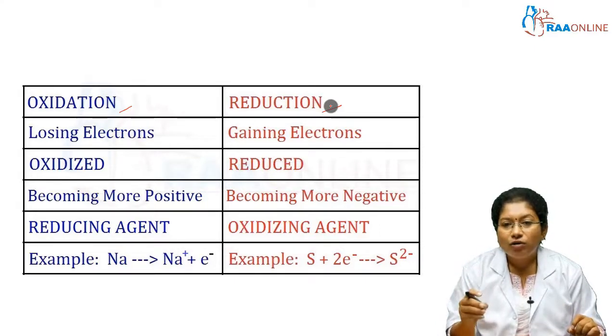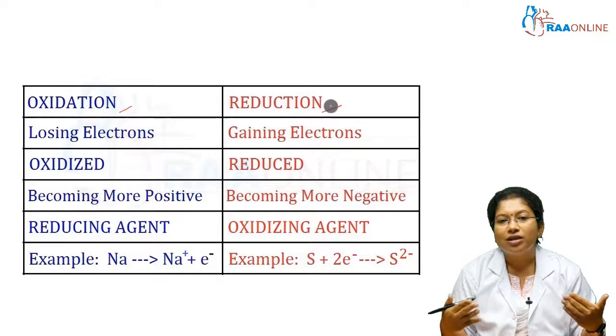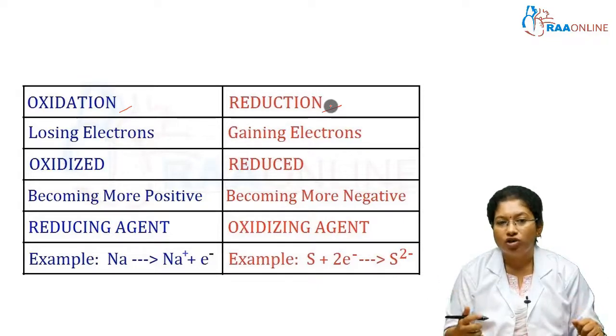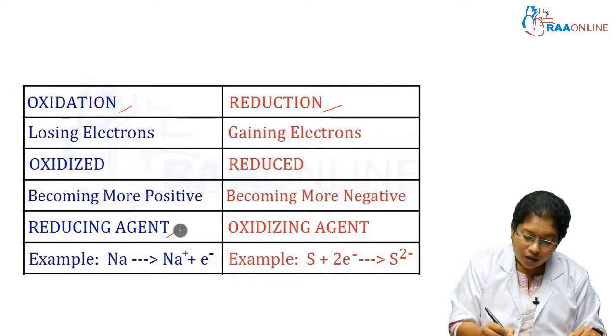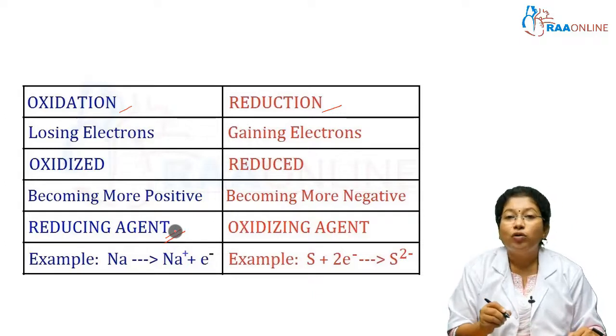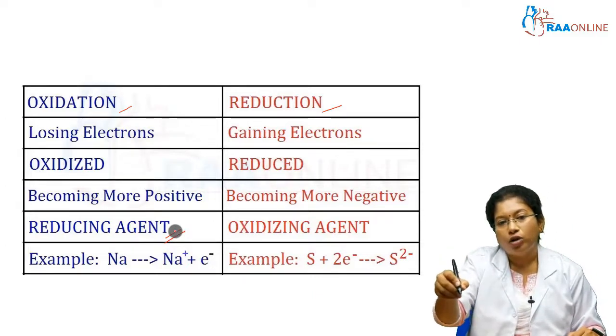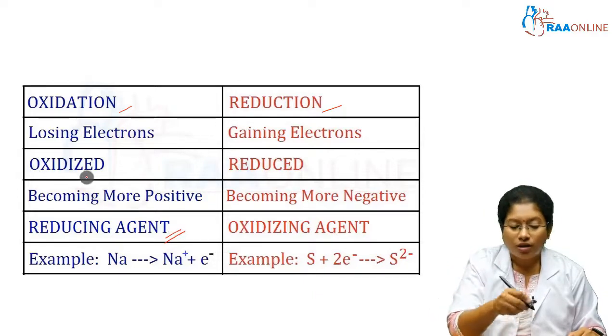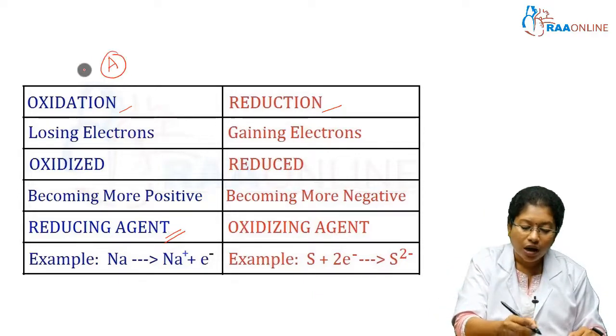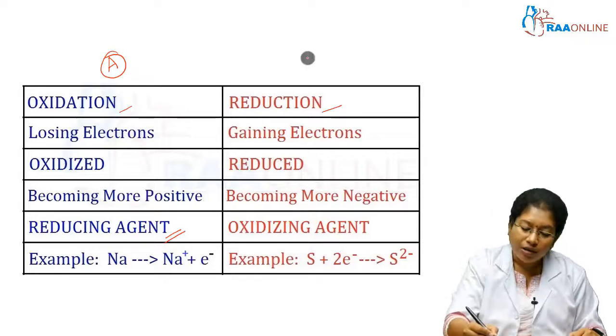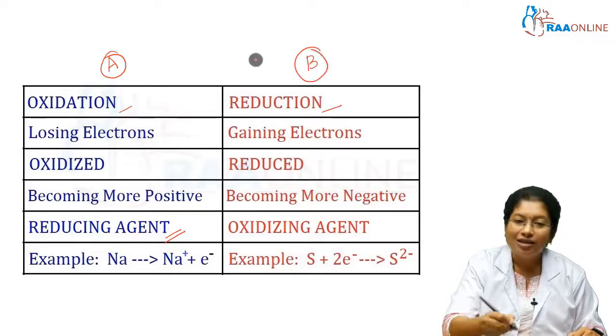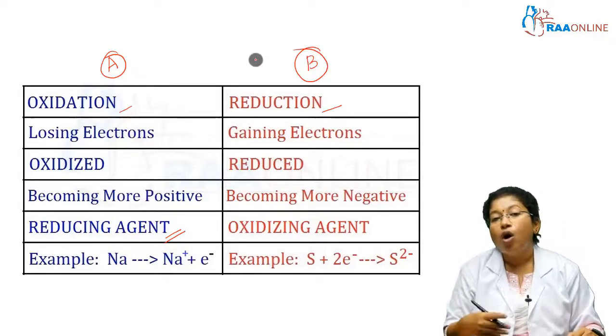When it is reduced, it gains more and more electrons, that means more and more negative charge. This compound A is called the reducing agent because it reduces the other compound, whereas the B compound which gains the electron is called the oxidizing agent.